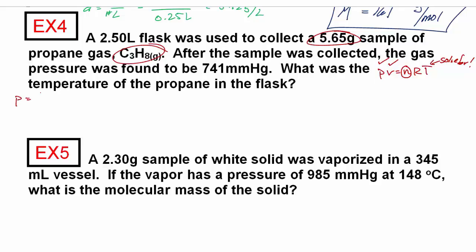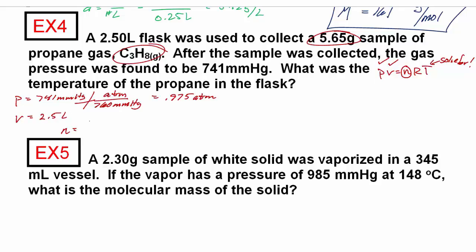So my pressure is 741 millimeters of mercury. I need to divide that by 760. 0.975. My volume is 2.5 liters. Those units are good.